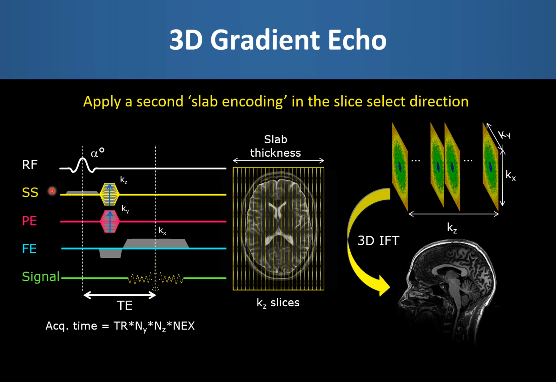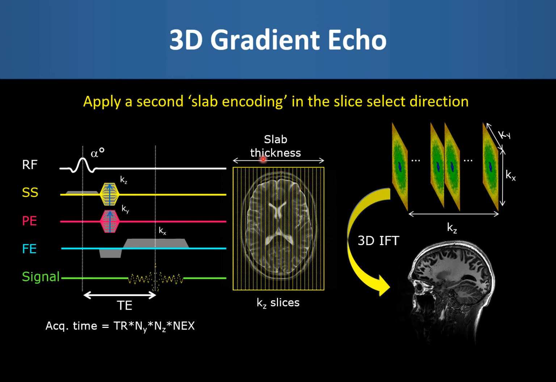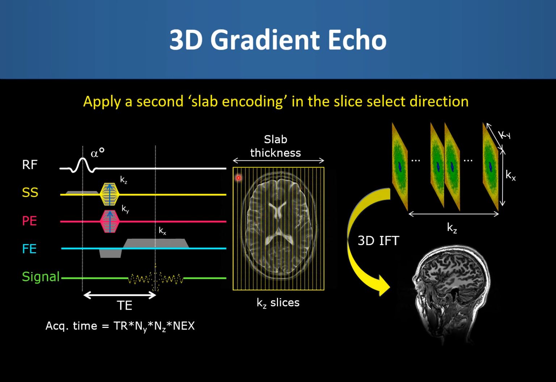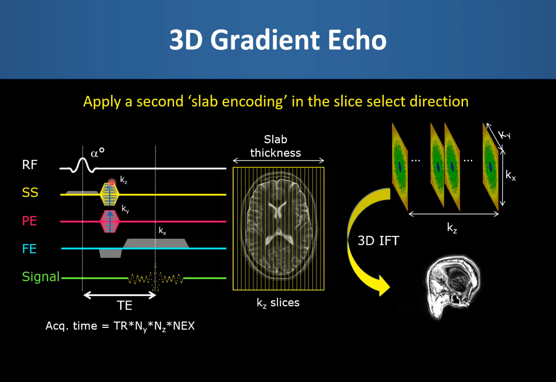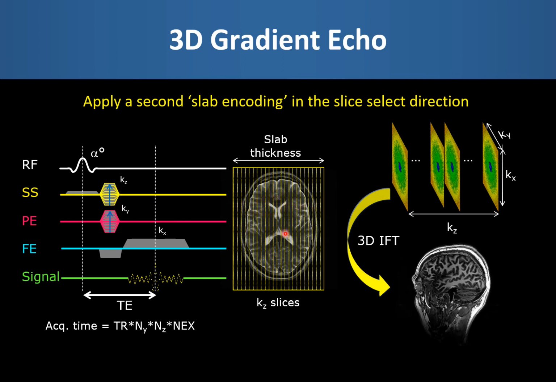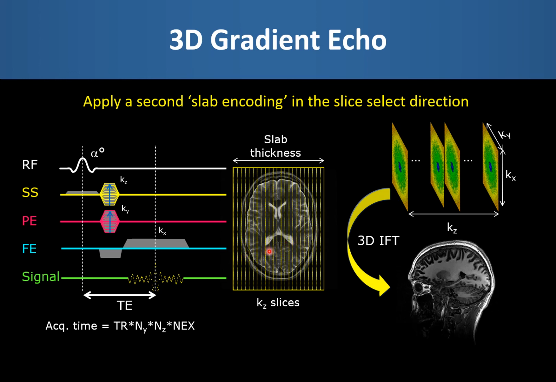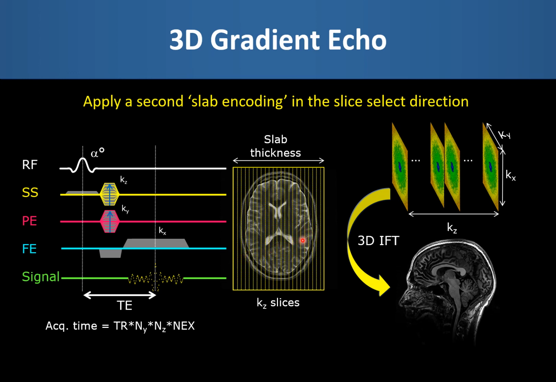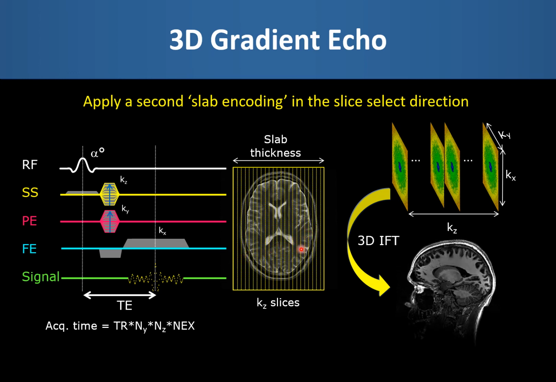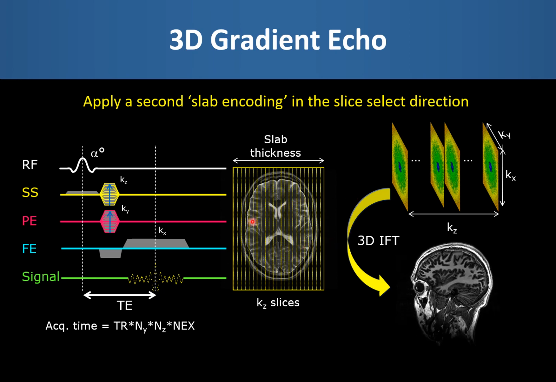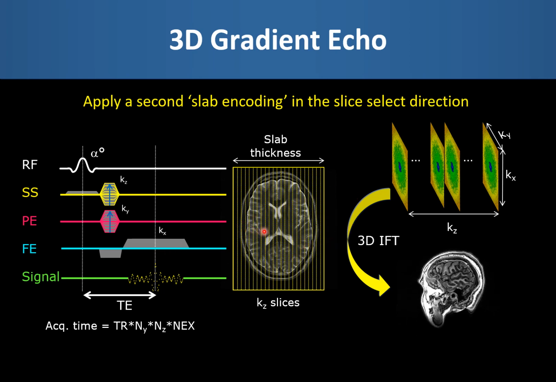The slice select gradient first excites a large slab of tissue, and then this slice encoding gradient divides that tissue up into contiguous slices. So the two phase encoding gradients together with the frequency encoding gradient encode a three-dimensional K-space.